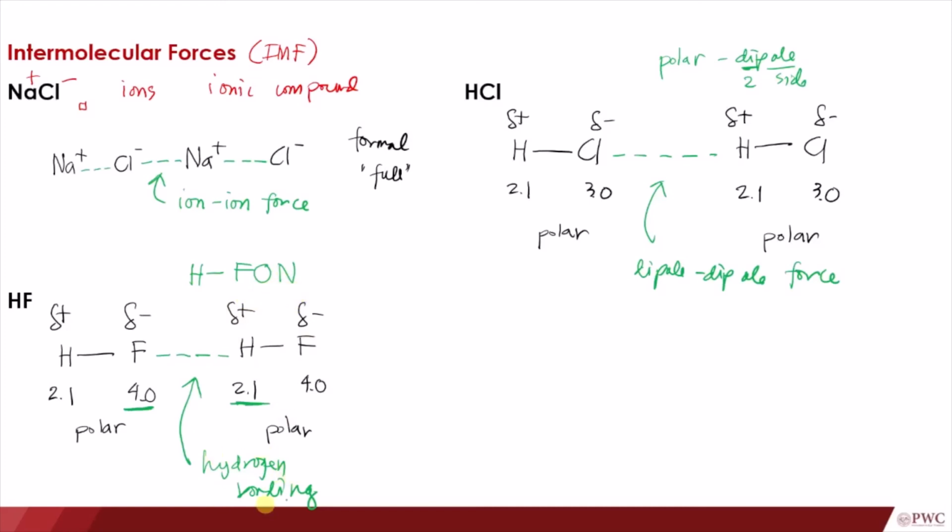So again, this is a special, stronger type of dipole-dipole force. So again, we have ion-ion force, dipole-dipole force, and hydrogen bonding in terms of their strength. Again, that's the ion-ion force followed by hydrogen bonding. The next we have dipole-dipole force.